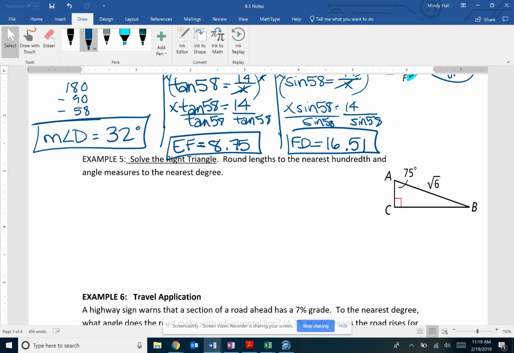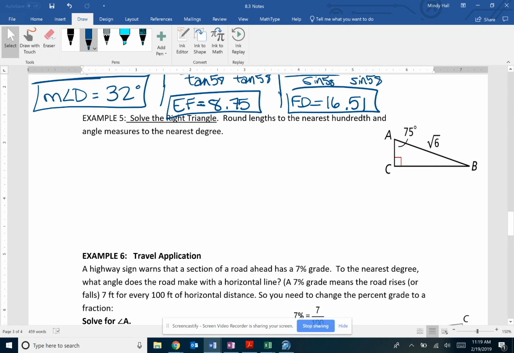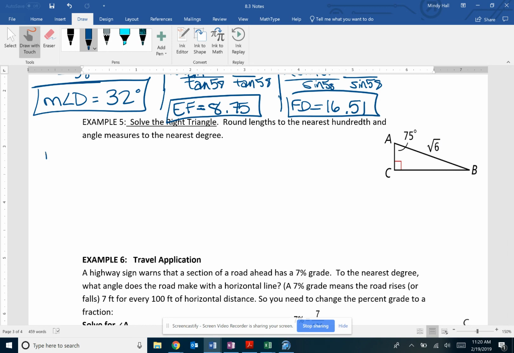So our next example, we're doing the exact same thing, but using different numbers. So looking at what I don't know, I do not know the measure of angle B. I also do not know the length of AC or the length of BC.